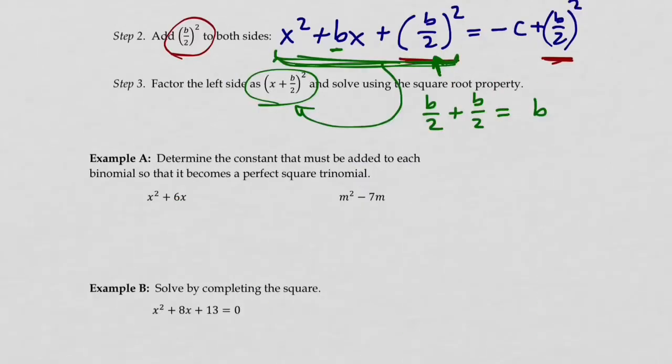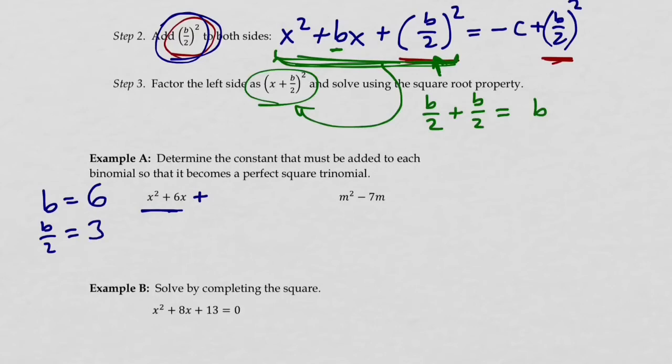First, let's look at some binomial expressions of the form x squared plus 6x and think about what special number I could add to create a perfect square trinomial. In this first example, the value of b equals 6, so if I divide that in half, b over 2 is equal to 3.